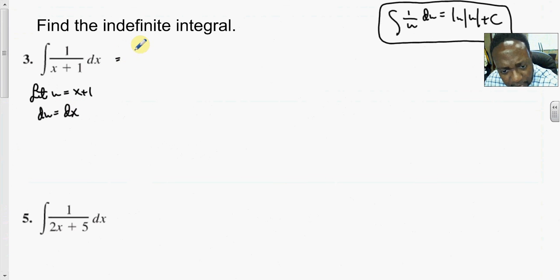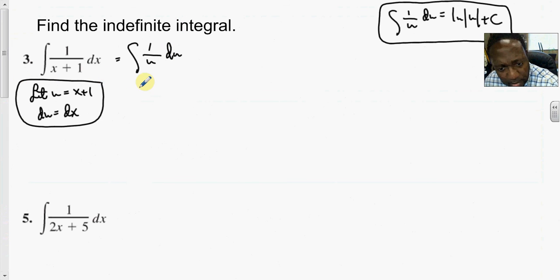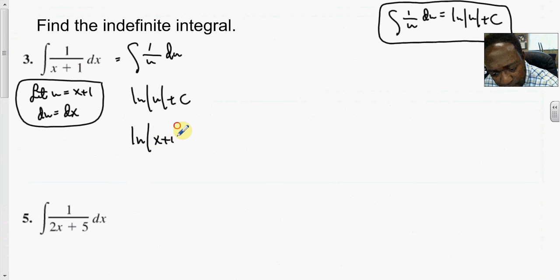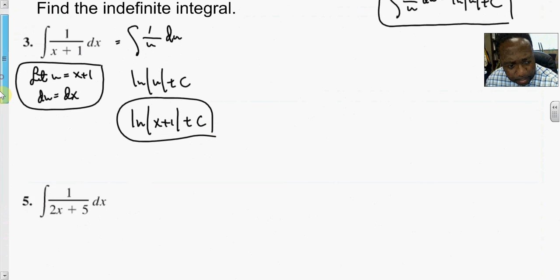So this is the integral of 1 over u du, which gives us the natural log of the absolute value of u plus c, but u is x plus 1. So we have here the natural log of the absolute value of x plus 1 plus c. So you got to be particular about that and make sure that you see what's happening.